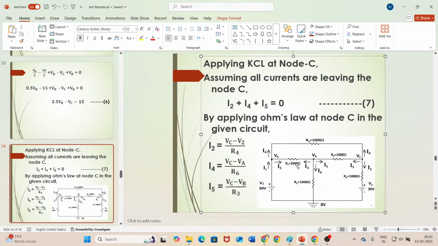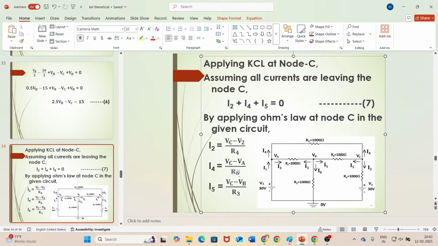Why is R6 not there? 1, 2, 3, 4, 5. Only 5 are there. Once again, what is I4? I4 is VC minus VA by R5.